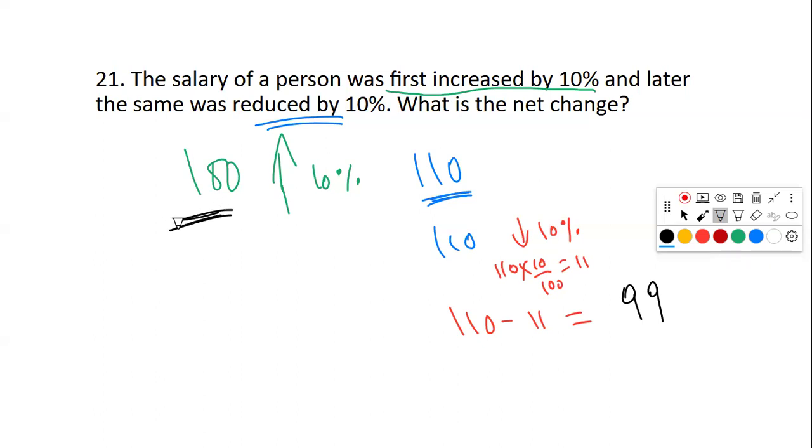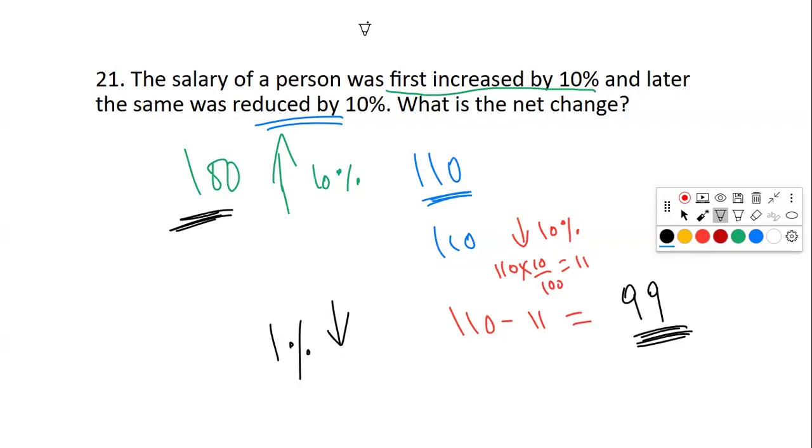Originally I started with 100, after an increment of 10% I went to 110, and on 110 again 10% is calculated and reduced. So 11 rupees I have to reduce, and now my salary is at 99. What is the net change? 1%. Is it increase or decrease? It is decrease.